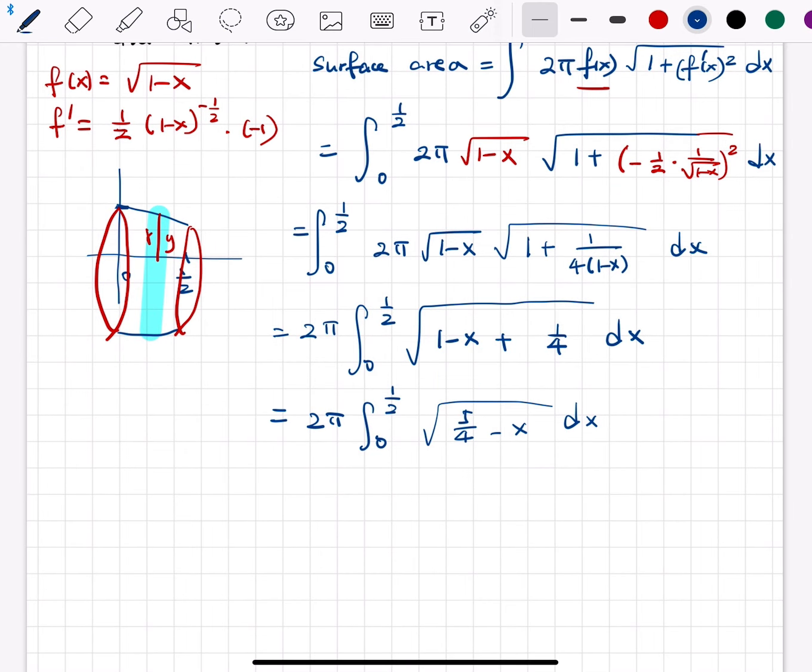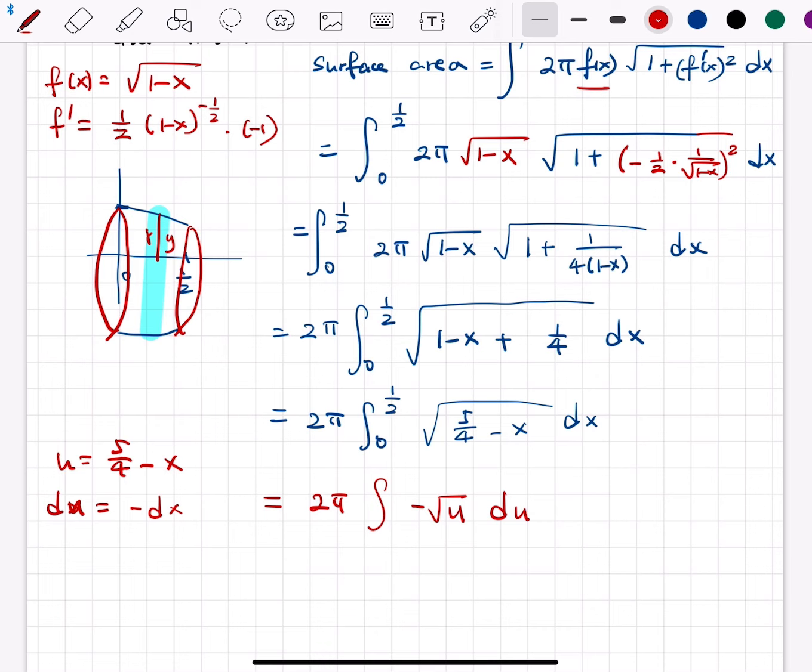I can let u equal 5/4 minus x, so du is going to be negative dx. So we end up with 2 pi integral of the square root of u, negative du.